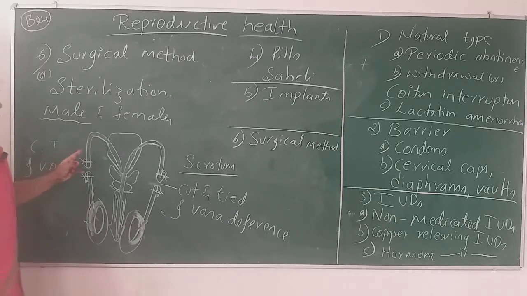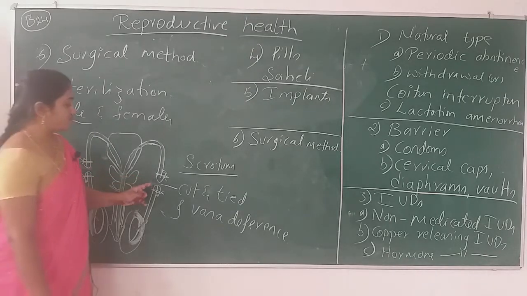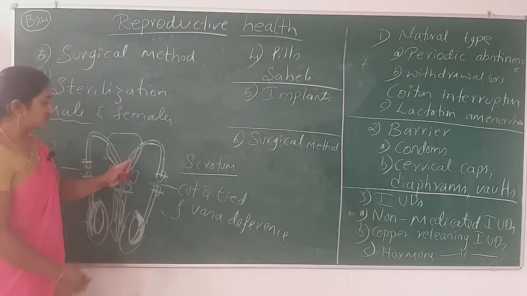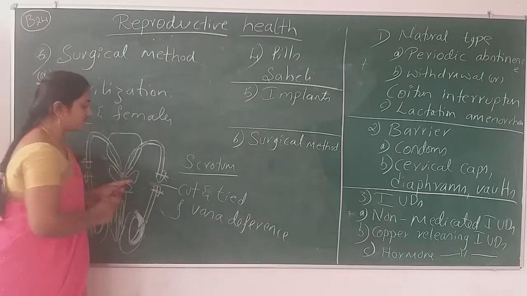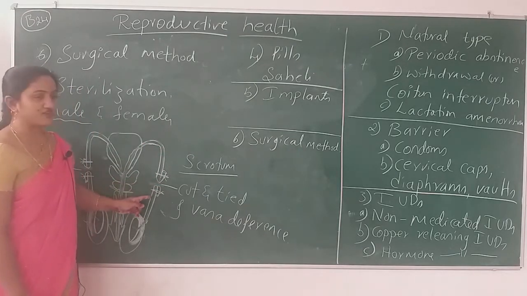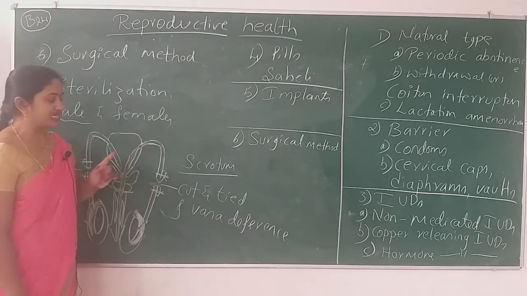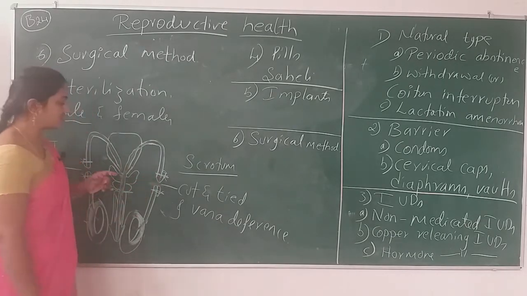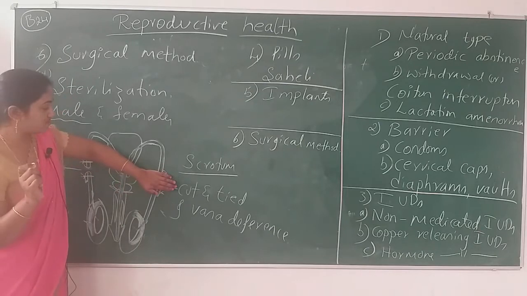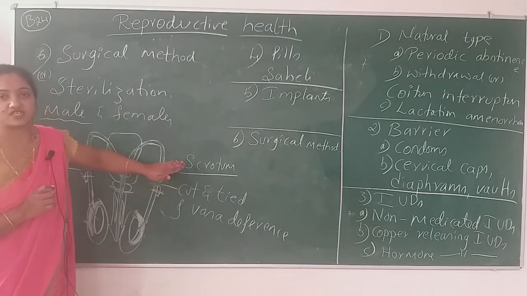Don't use the short form. What will be the next procedure? The gametes cannot find a further pathway, and they will degenerate. So this is the method. Earlier, they were not tying the vasa deferens.